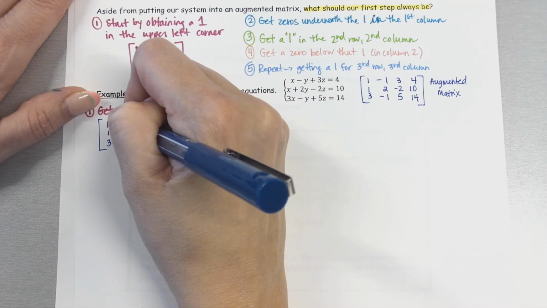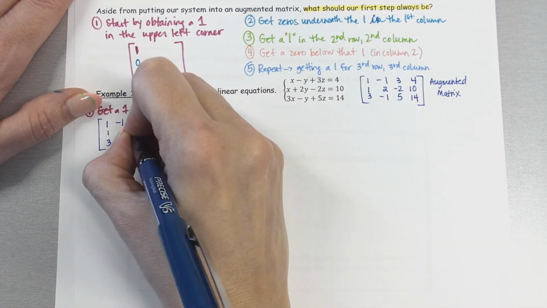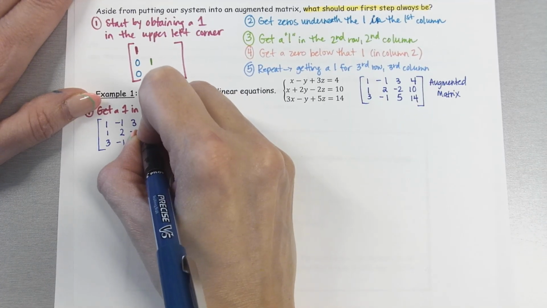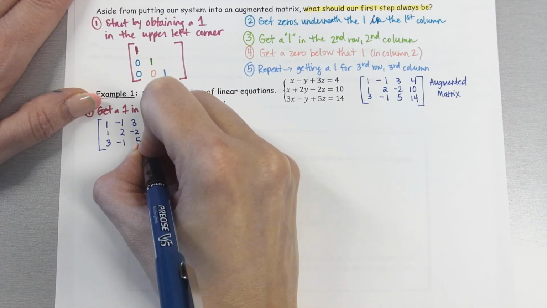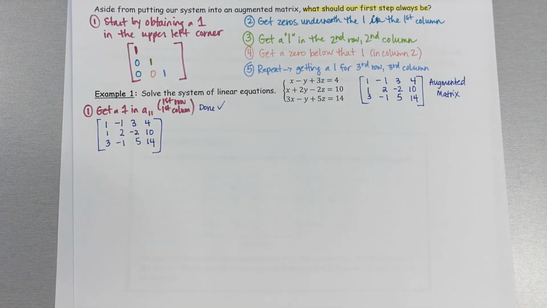Really the key to these is keeping a neat matrix, because sometimes we cram too many things together, and then when we have to do the elementary row operations, it's hard for us to read it clearly. So that's just a little piece of advice for you.